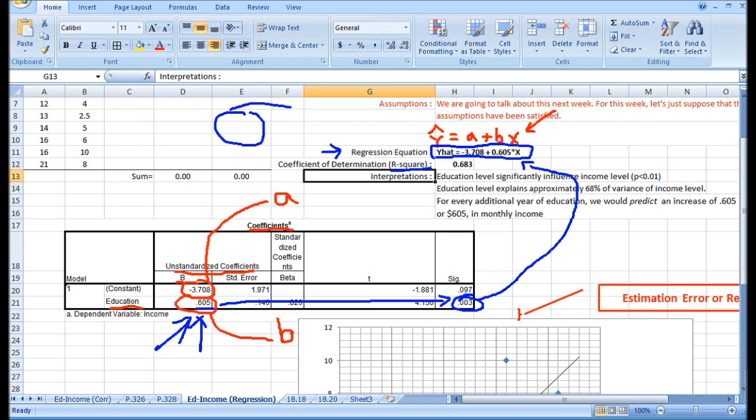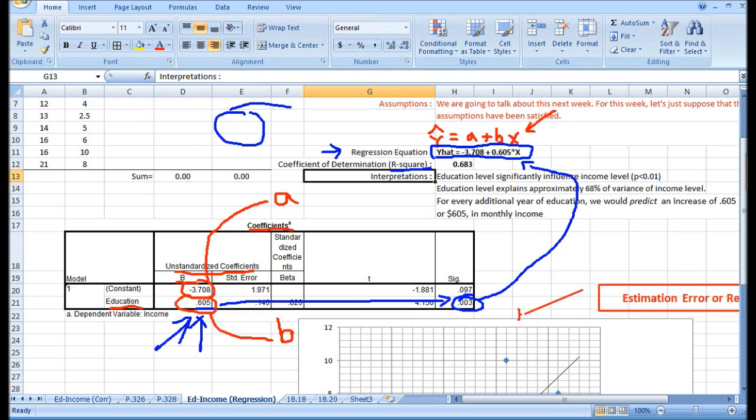Okay, if this regression coefficient, which is 0.605, is not statistically significant, we better discard this SPSS output. Don't use this SPSS output. Okay.